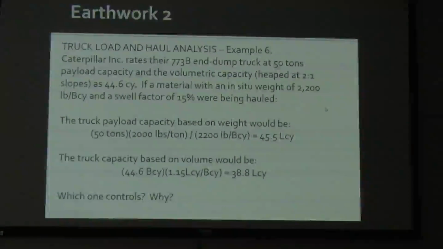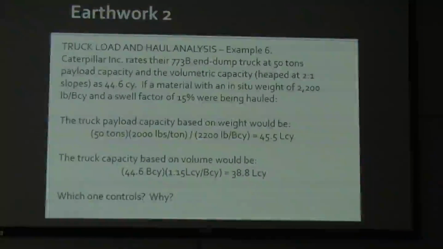Here's another example, same truck. This time it has a 50 tons payload capacity and volume capacity of 44.6 cubic yards. The material has an in-situ weight of 2,200 pounds per bank cubic yard, which is a much lower density than the one before, and a swell factor of only 15%.